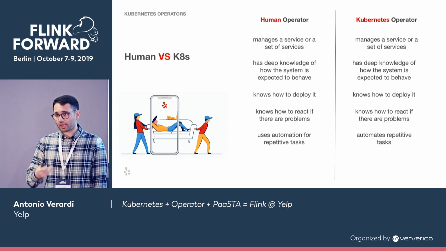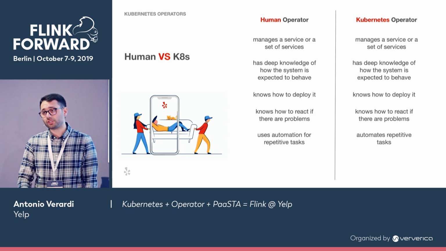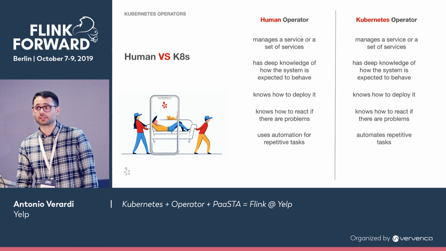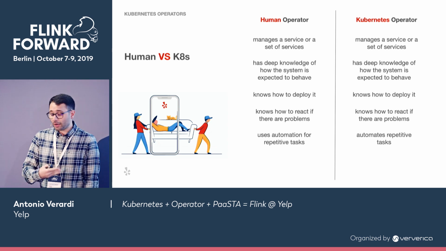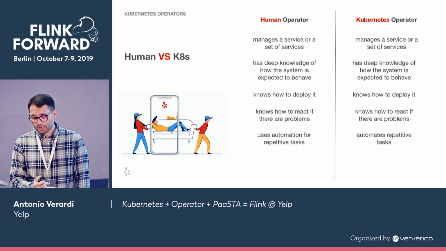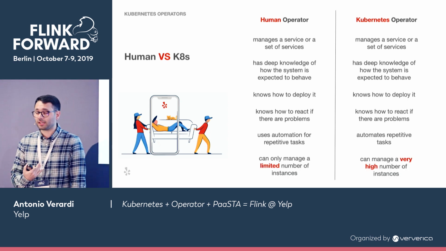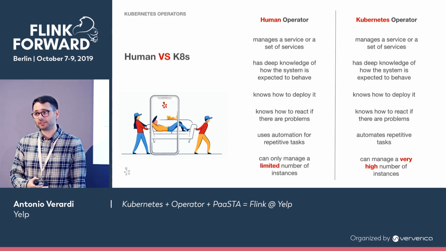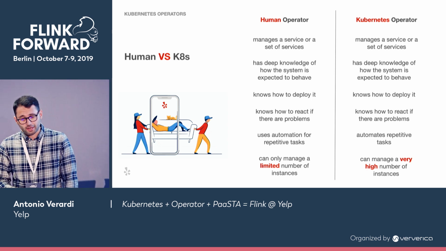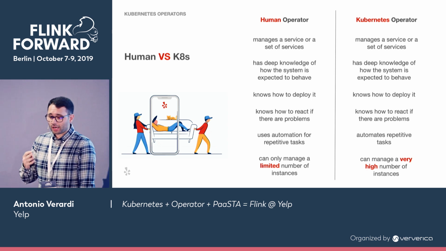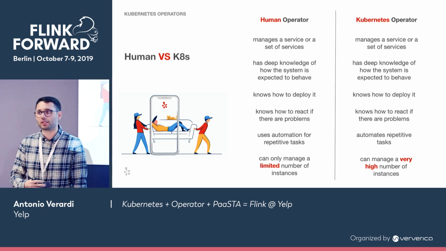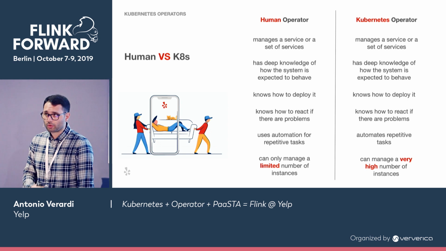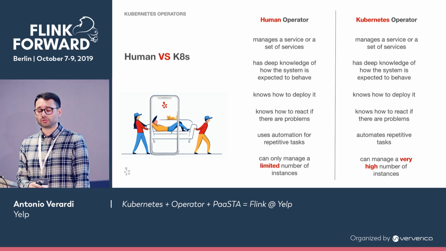A human operator, like me and you, usually uses automation for repetitive tasks because they're boring, while a Kubernetes operator really doesn't mind and automates repetitive tasks. And finally, while I myself can only manage a very limited number of instances before I make a mistake, actually even one is too much, a Kubernetes operator can manage a very high number of instances before running into any scalability issue or making mistakes, as long as you didn't introduce any bug in it.